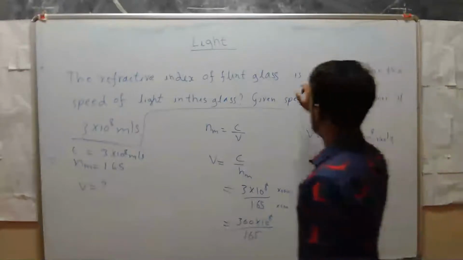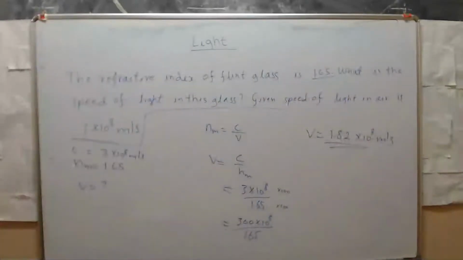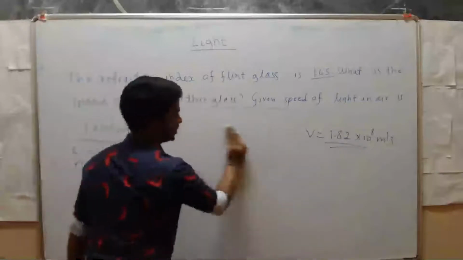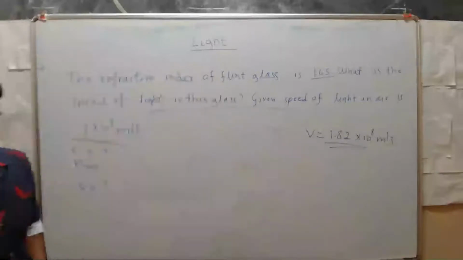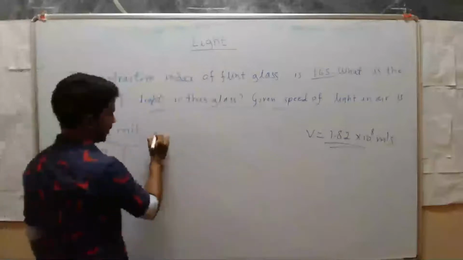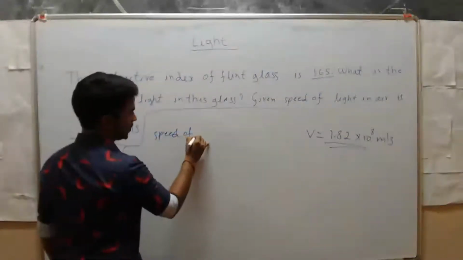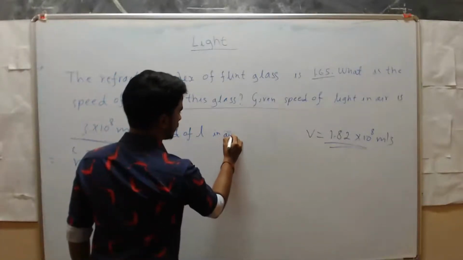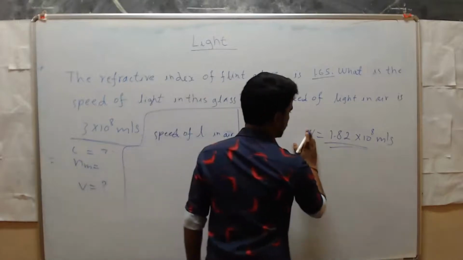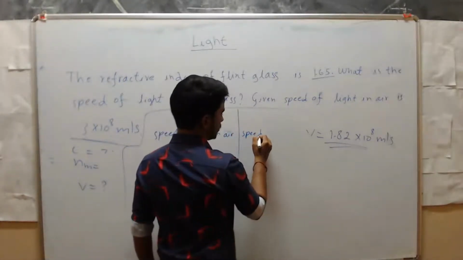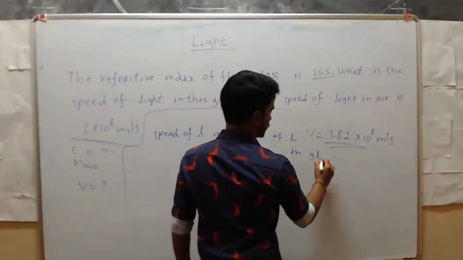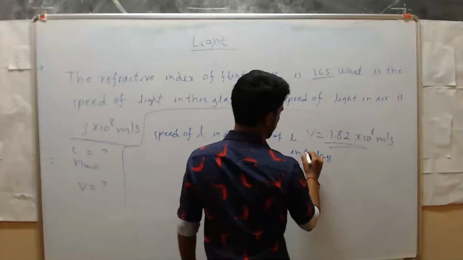Then what is the meaning of this 1.65? Already I have told you while discussing the refractive index. See here, I will write the speed of light in air, and then the speed of light in glass, inside the flint glass.